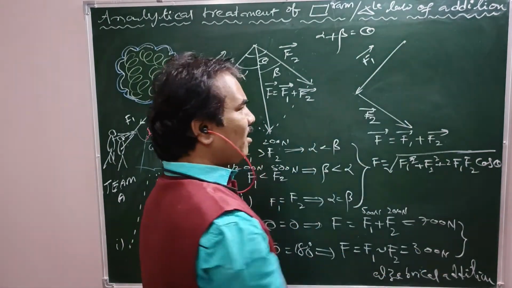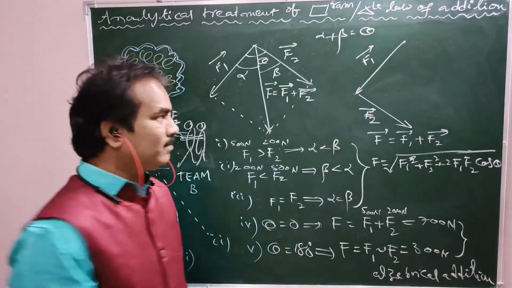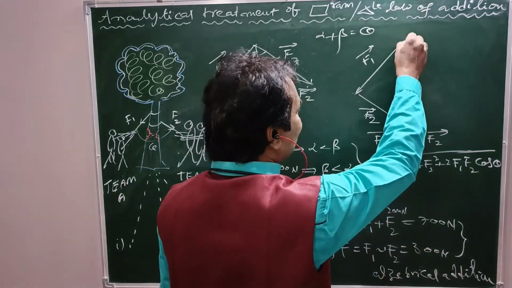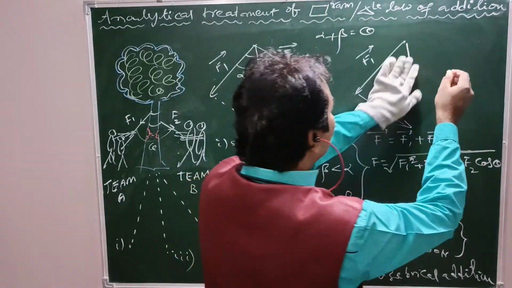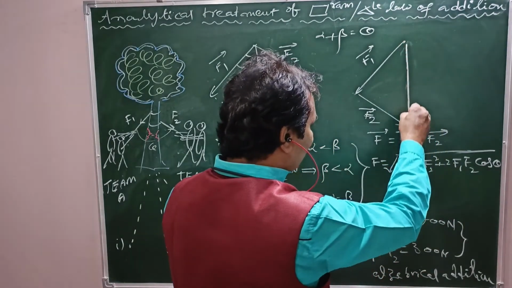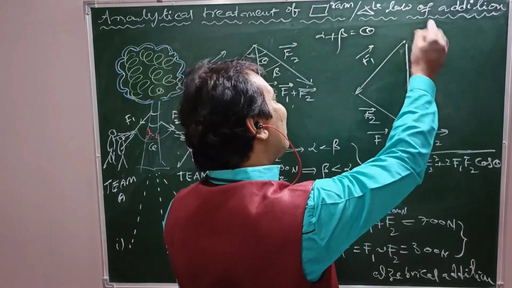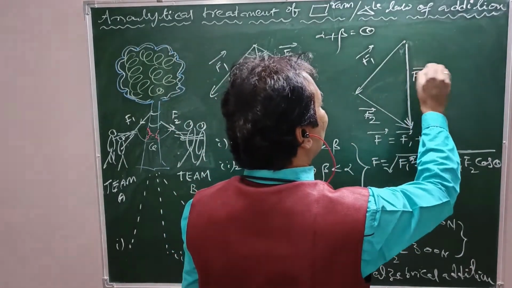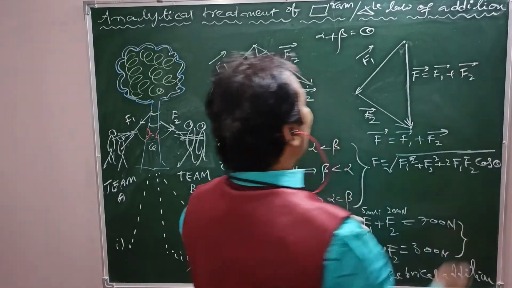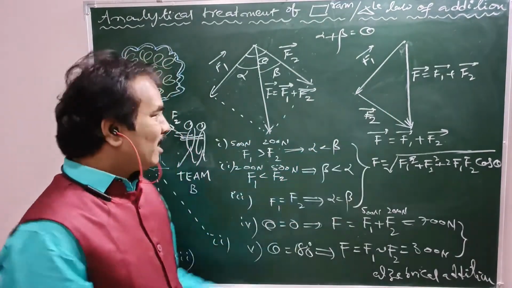Then the resultant is the closing side of the triangle taken in the reverse order, from the tail of the first vector to the head of the second vector. Take the resultant like that. This is F bar, equal to F1 bar plus F2 bar. In both cases, the resultant is the same, both in magnitude and direction.